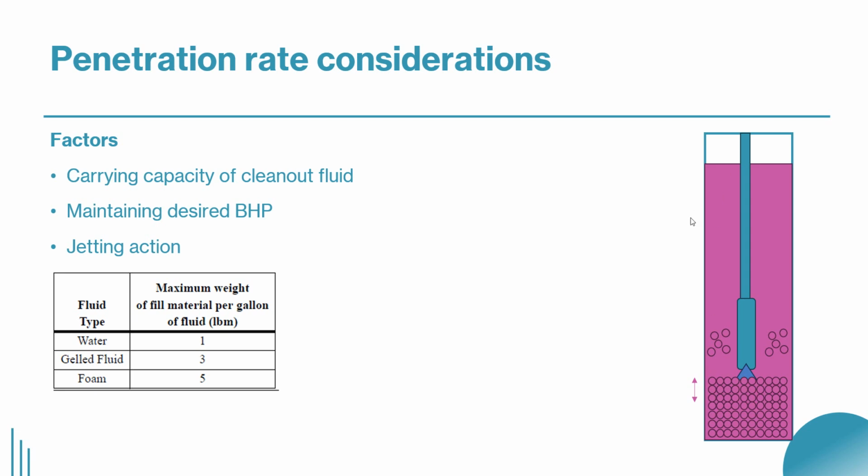However, if the well is loaded with sand or proppant, the equivalent density will be no longer 8.5. It will be higher, so the hydrostatic pressure will be higher. Okay, and it may exceed the fracture pressure of the formation and induce losses.